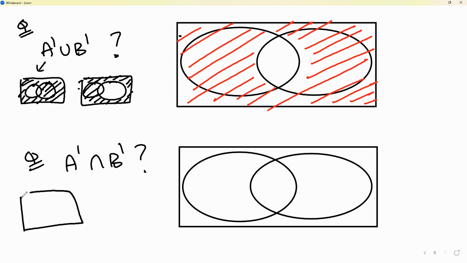The next one is not A and not B. So this is A. So not A is again that space there. Actually, it's the same thing, right? So I won't have to redraw it. Where do they overlap? Is the question. Where do they actually cross each other at the same time? Not A and not B at the same time. Can you see in the space outside of both of them?